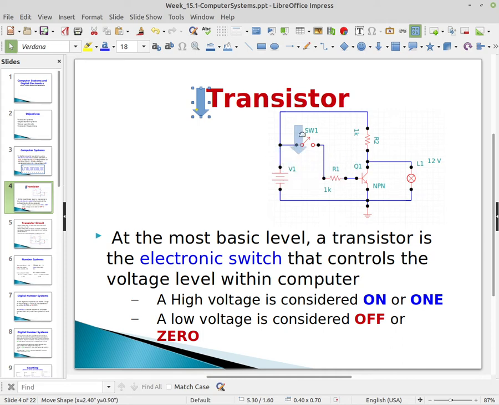V1 is a voltage source, and then we have a switch. Now this switch looks like a manual switch that we can actually toggle, but inside the computer it would actually be another transistor.